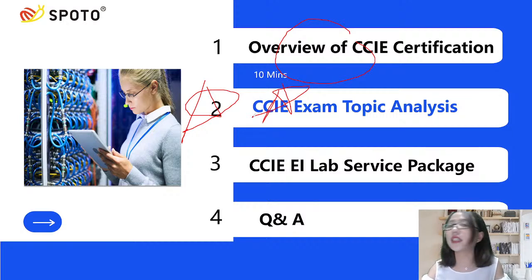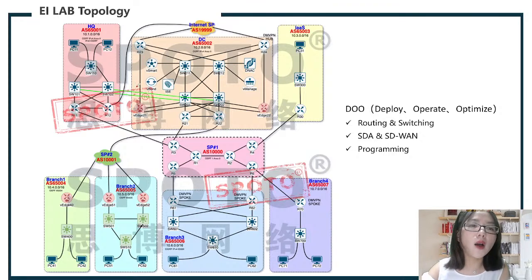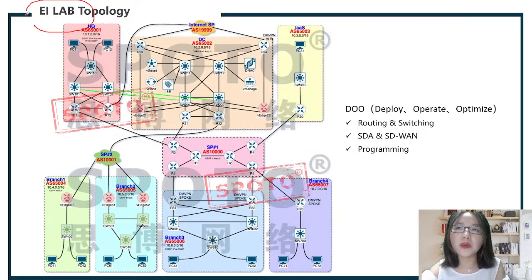Let's continue. Today our focus is on the data analysis of the EI Lab topology. This is the complete EI Lab topology diagram, which mainly examines the candidate's deploy, operate, and optimize capabilities, referred to as DOO, which is mainly configured from routing and switching, SDA and SD1, and programming.